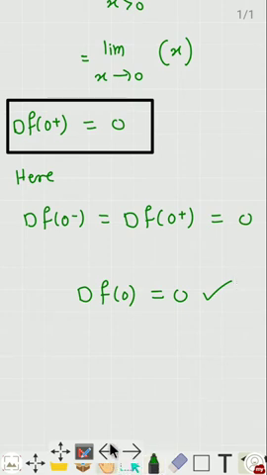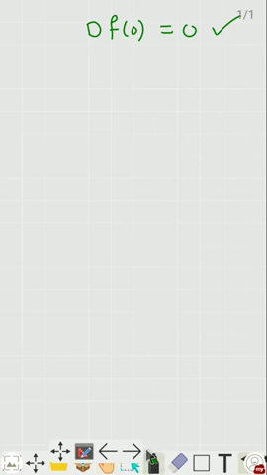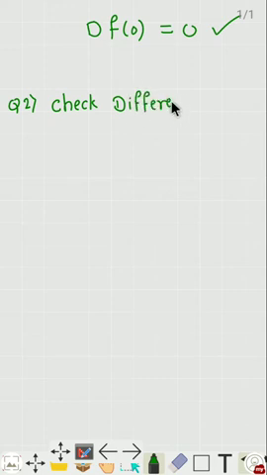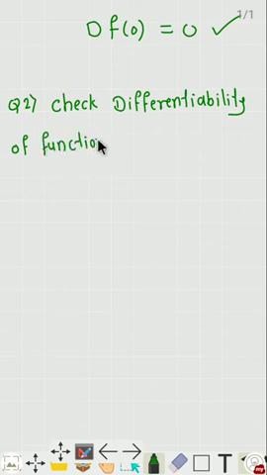Question number 2. Check differentiability of function f at x is equal to 1.